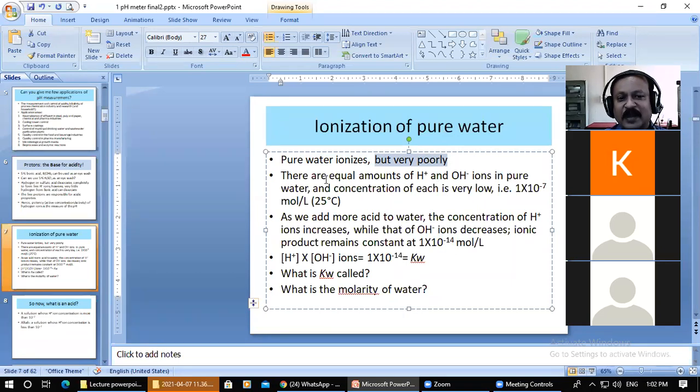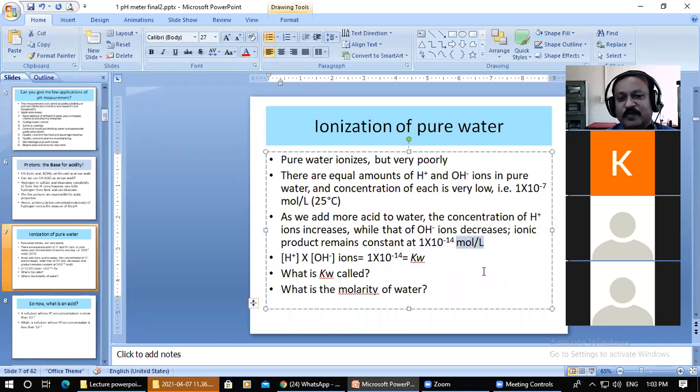There are equal amounts of protons, that is H plus ions, and hydroxyl ions, that is OH minus ions, in pure water. If you calculate the product of the protons and the hydroxyls, it is 1 into 10 raised to minus 14 ions per liter, or we can also call it moles per liter.